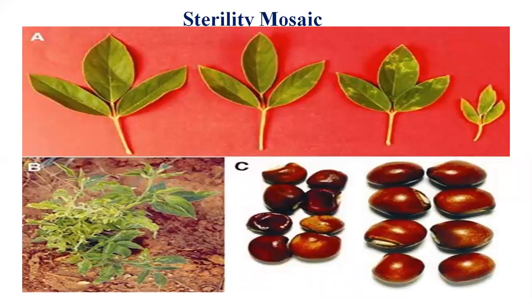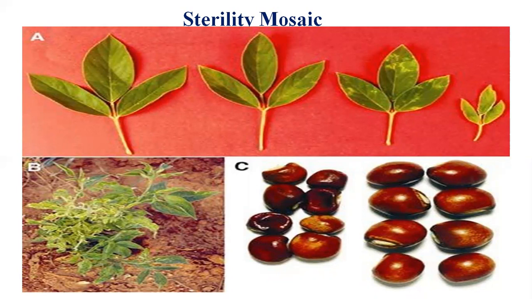Next, the third important disease of pigeon pea, that is known to be the sterility mosaic. This is a viral disease, this is caused by virus. So basically the sterility mosaic is caused through the planting material or majorly the seeds. So seeds are responsible for the transmission or basically origin of this sterility mosaic.